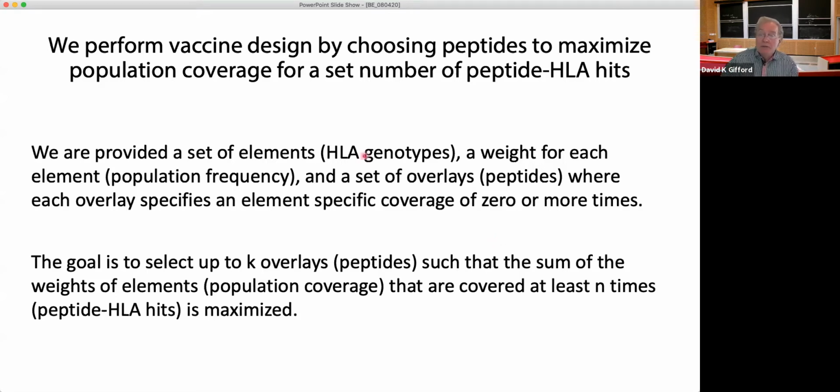So if we're provided with a set of HLA genotypes and we have a weight for each one of these genotypes, which is a population frequency, and we have a set of peptides that overlays these genotypes a certain number of times, how can we pick which peptides or overlays to use to optimally cover all of the genotypes and get a very compact set of peptides that are going to be effectively displayed, or at least predicted to be displayed, at vaccination time?